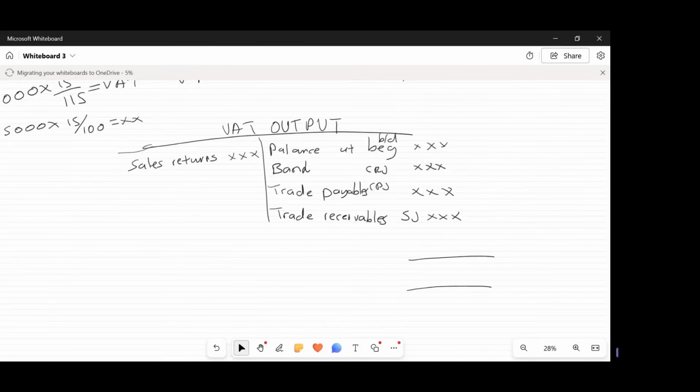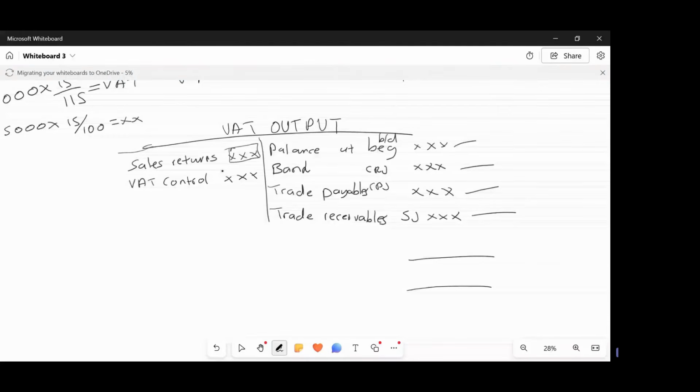Then your balancing figure will be the VAT control. So this will be the balancing figure of this plus this plus this, minus this, to get this amount, so that it balances. The amount on the credit side should also be on the debit side. Do you understand?